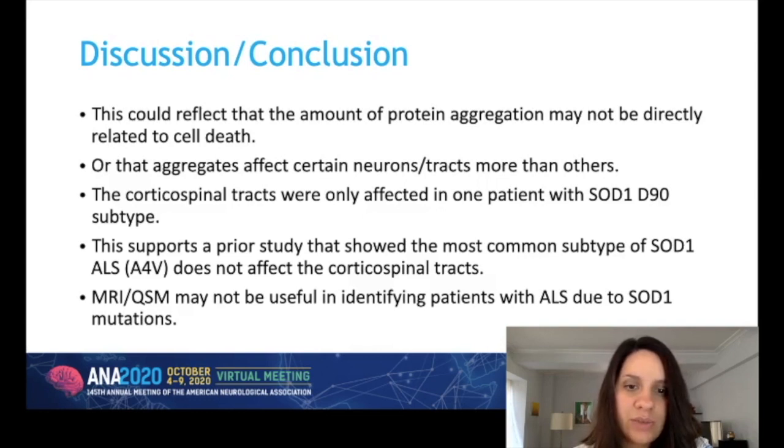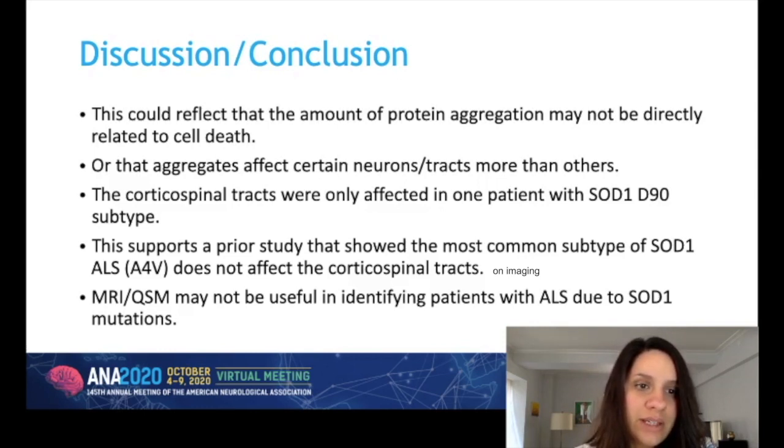Those findings were supportive of another study that had been done in ALS A4V patients that showed that this subtype, which is the most common subtype, does not affect the corticospinal tracts.